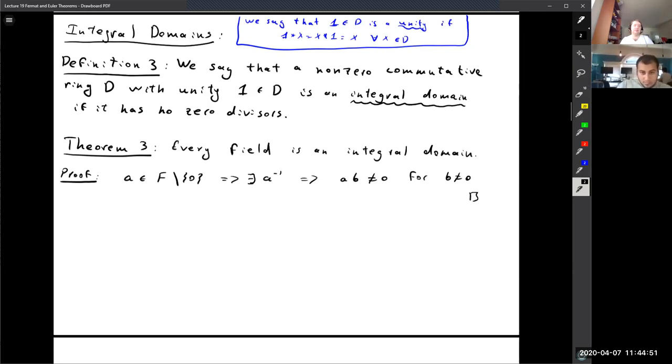Now, this is not very interesting, as you might guess, because we explicitly required every element to have a multiplicative inverse. This is a very strong condition for a ring to be a field.